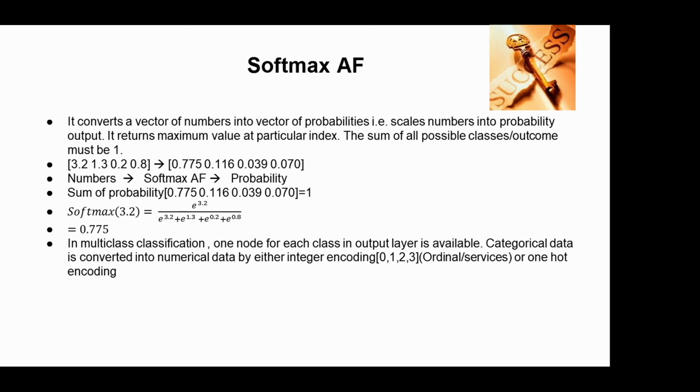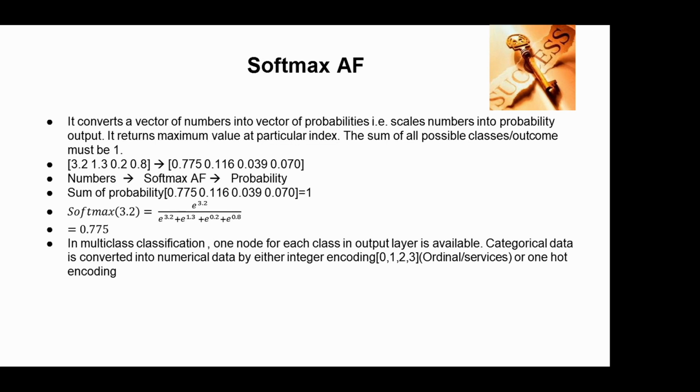And in four classes, suppose the second object has a continuous value of 3.8, then definitely 3.8 will be higher than 0.8. So the probability of the second object detection will be more.